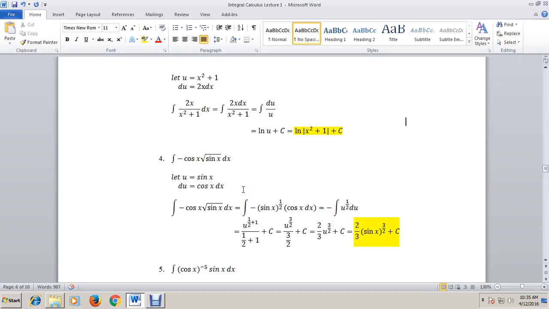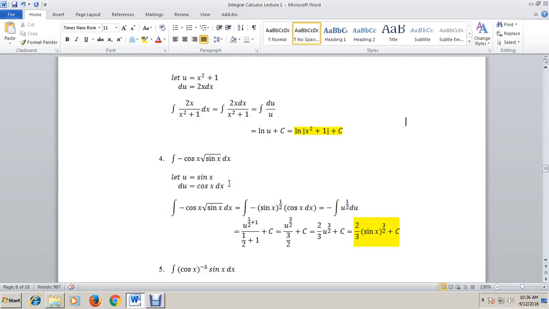This is a suggestion, and most likely this representation would result in a less complicated solution as compared to choosing the expression under the exponent of 1.